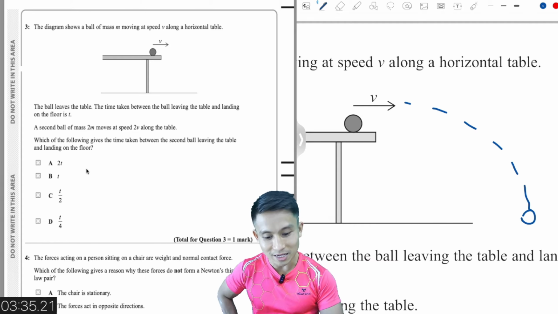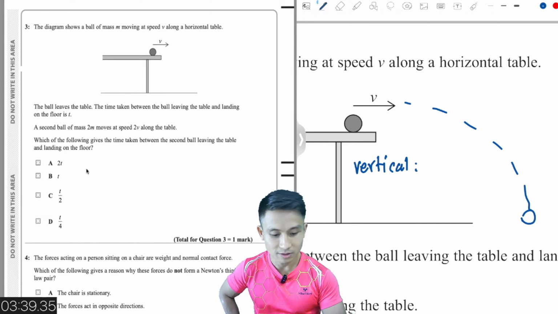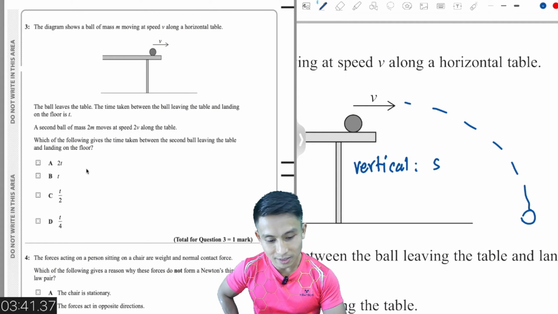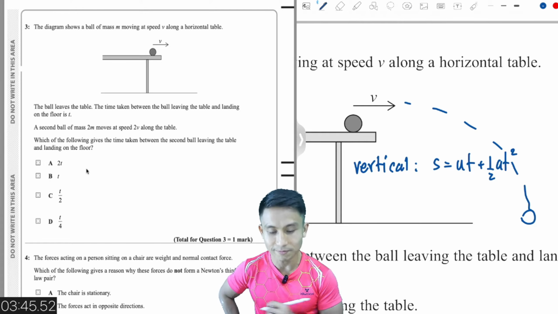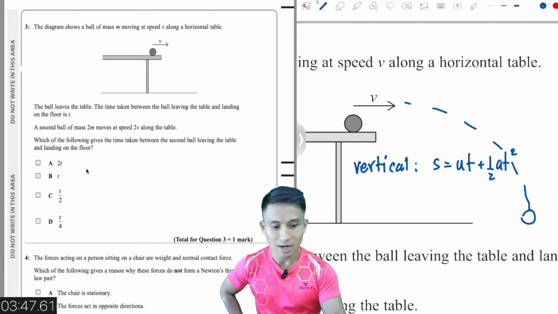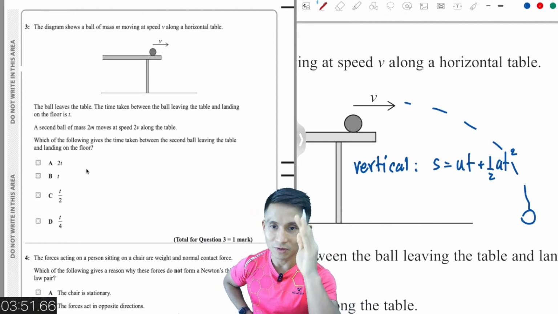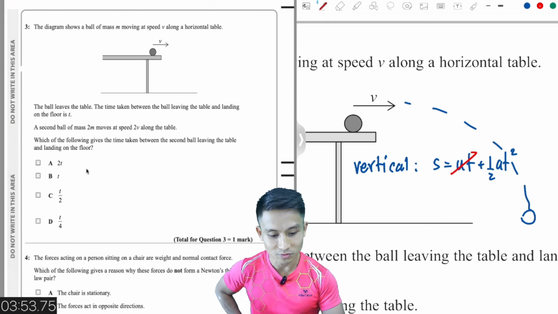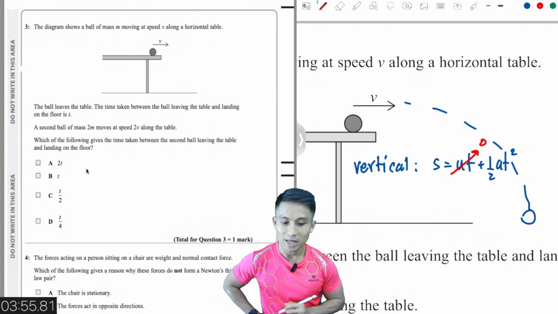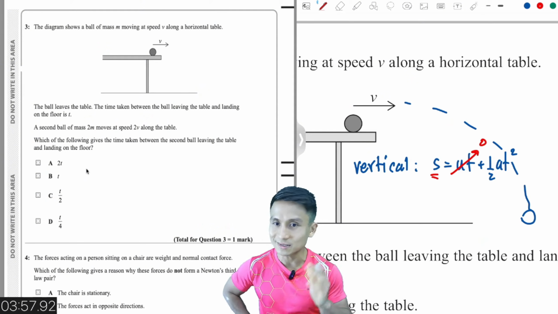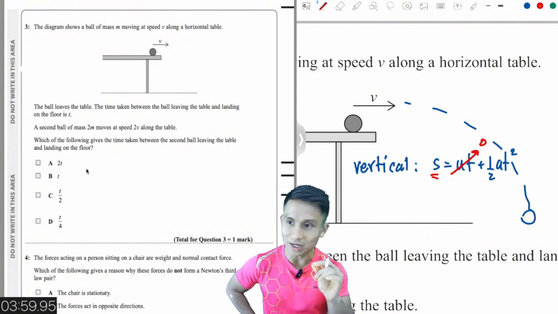If you do the vertical, it would just be s equals ut plus half at squared. Now, because initially the vertical speed is 0 and the height is fixed here, this s here is the height, it is fixed.